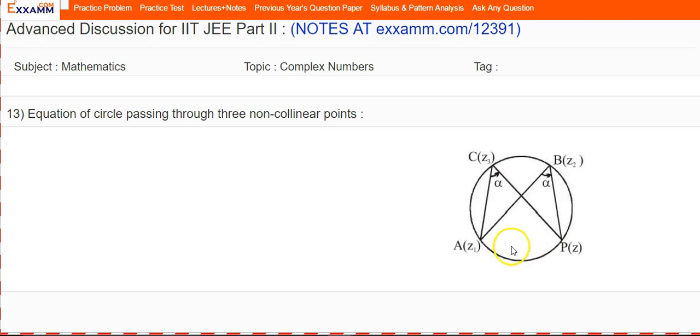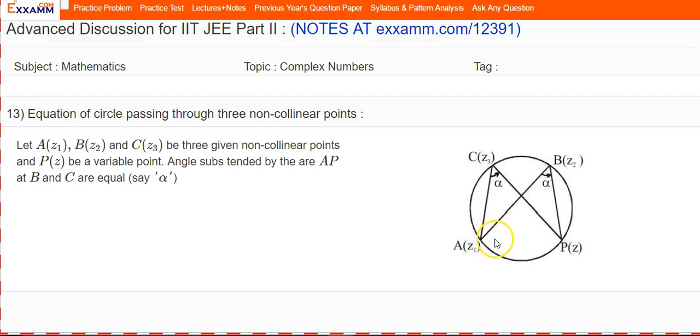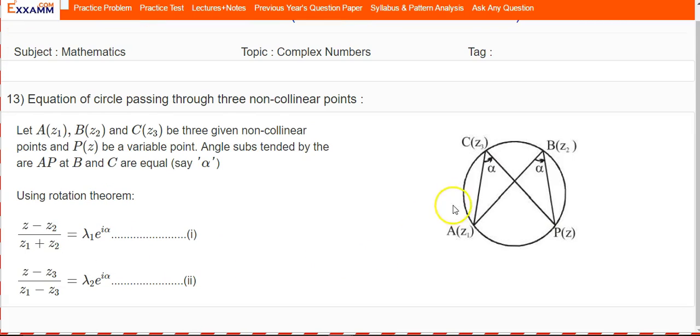So what can we say by using the rotation theorem? Let us apply it for z2 first. (Z minus z2) divided by (z1 minus z2) is equal to lambda 1 e to the power i alpha. Here the sign should be z1 minus z2; this is a typographical error. Similarly, using the rotation theorem for this particular angle ACP, what do we get?